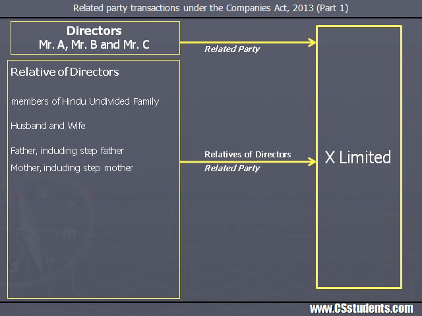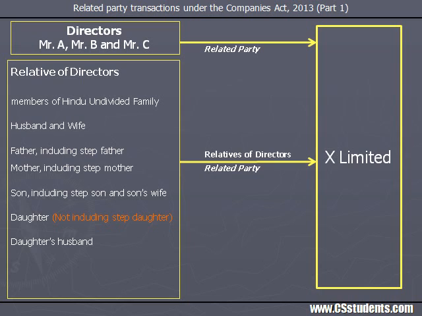And the definition goes to include son, including stepson and also son's wife. Then daughter. But if you carefully see the definition, stepdaughter is not included in the definition of relatives. Then, daughter's husband is also a related party. Further, brother and stepbrother and stepsister are also included. This is the definition of relatives under the Companies Act and the rules.